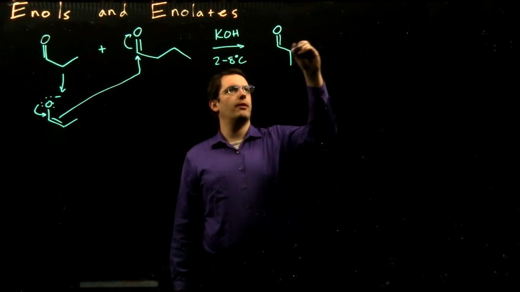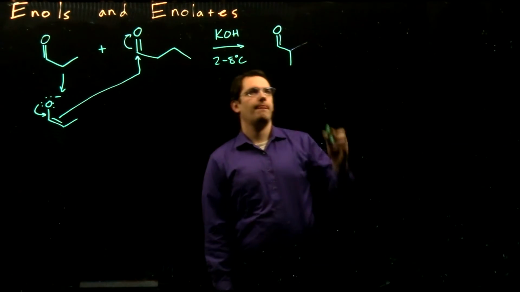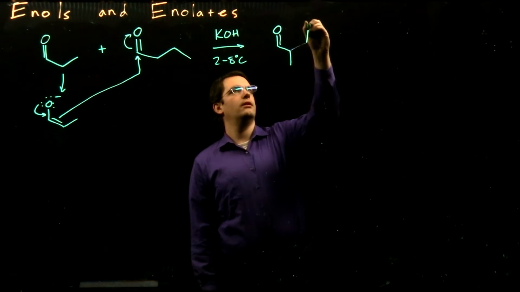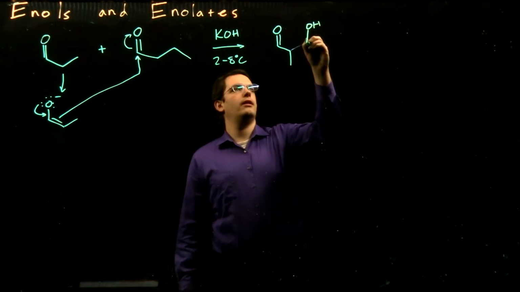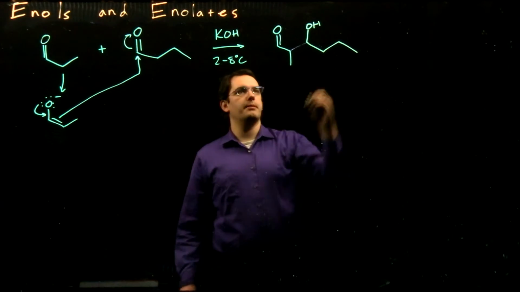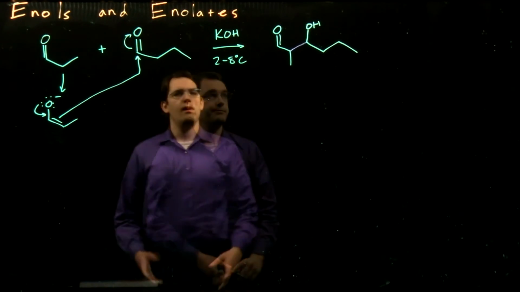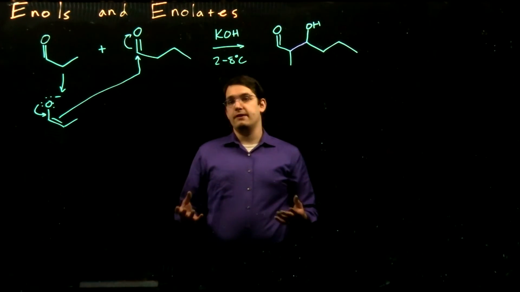So my new bond forms right here, leading to the alcohol and of course the 4 carbons of my butanal. So that looks relatively straightforward and simple, right?